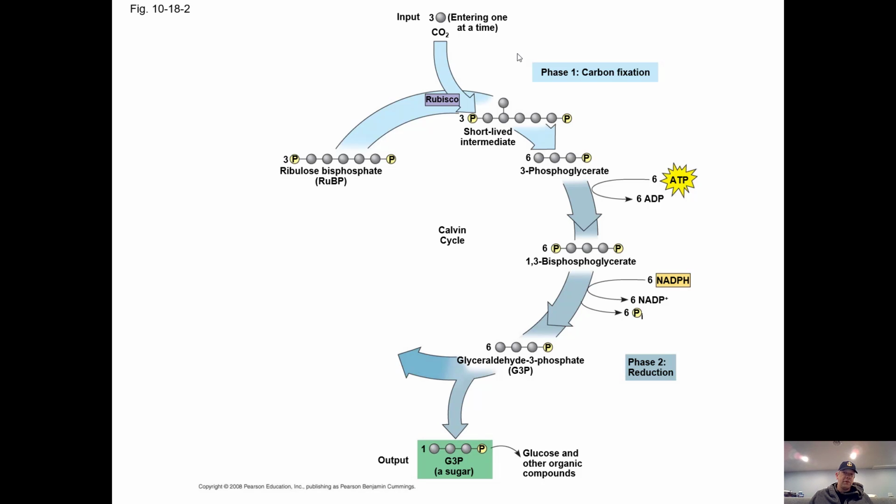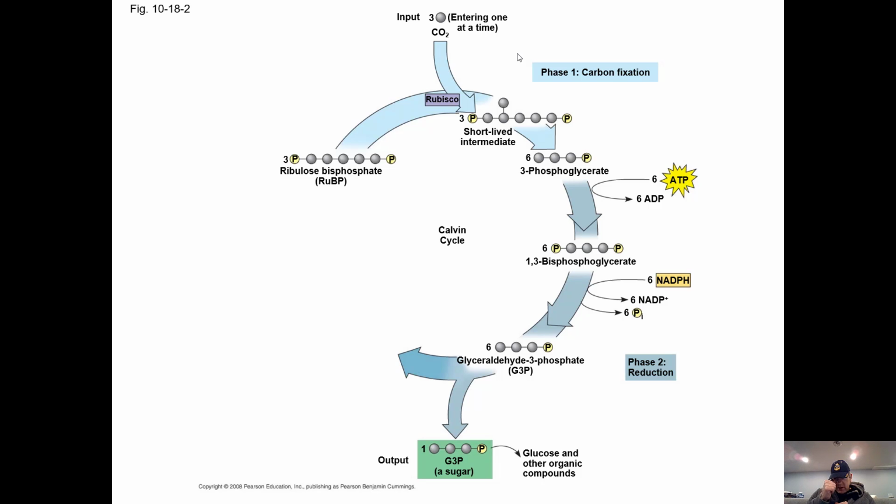Next, we're going to take those high energy electrons that we got incorporated in with NADPH. We'll take some of the ATPs, we phosphorylate our sugar, we reduce it by stripping those electrons out of NADPH.